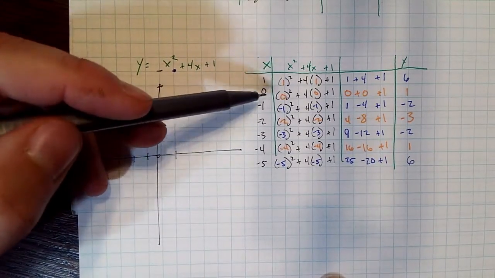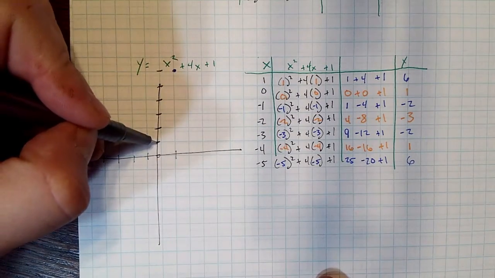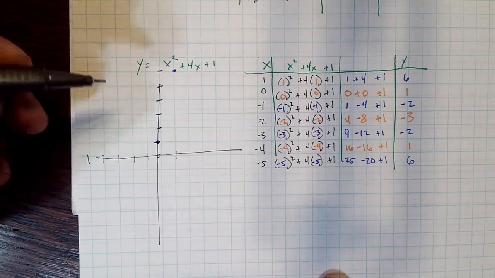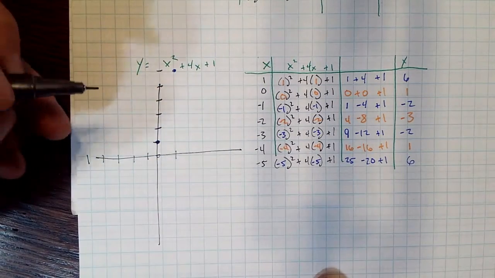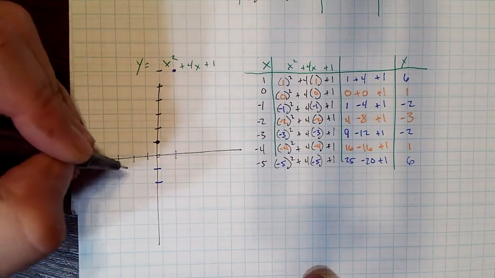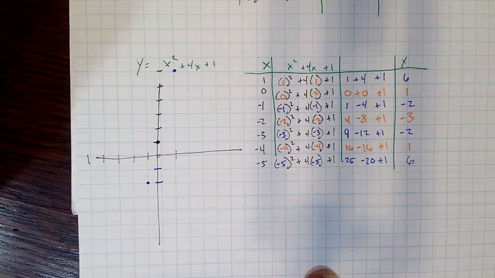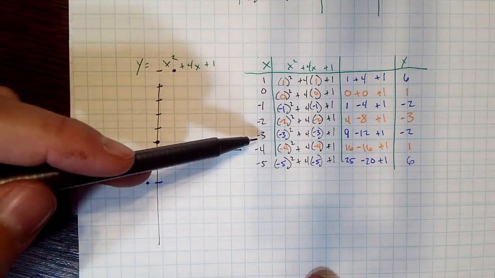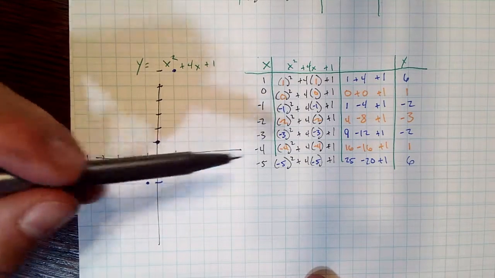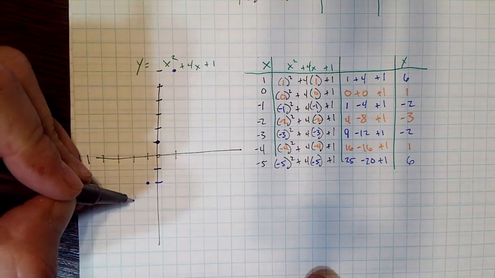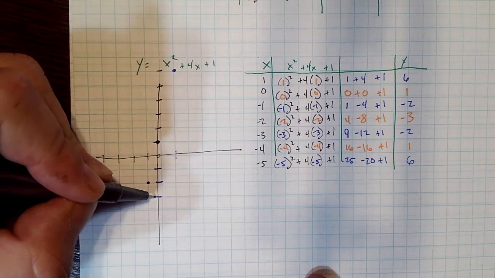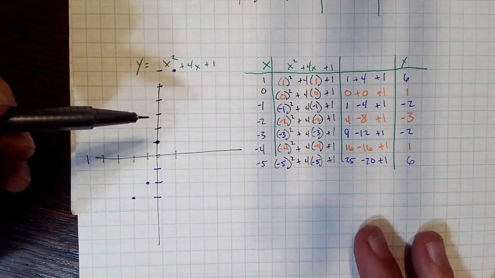My next one is at 0, 1. My next one is at negative 1, negative 2. Next one is at negative 2, negative 3.